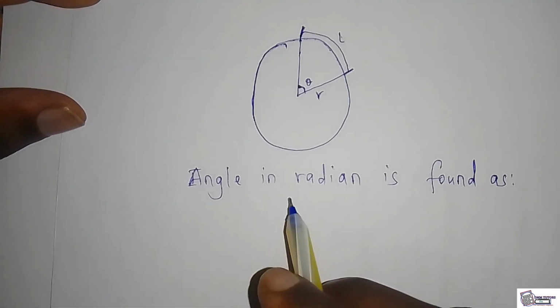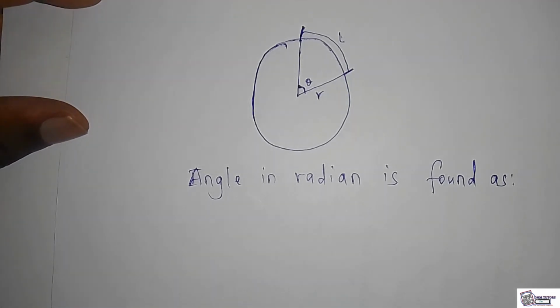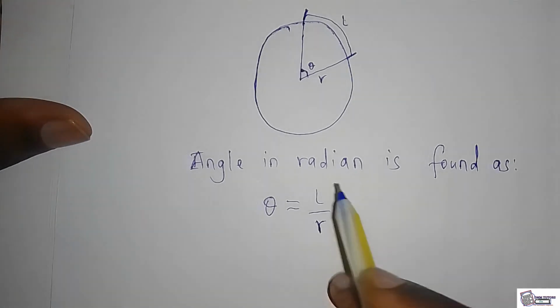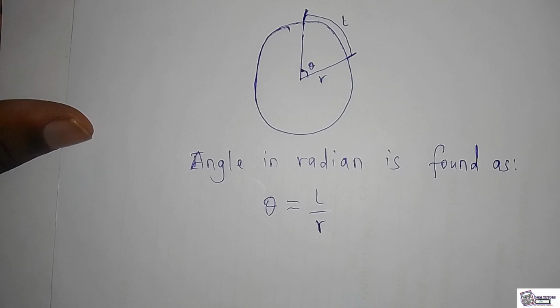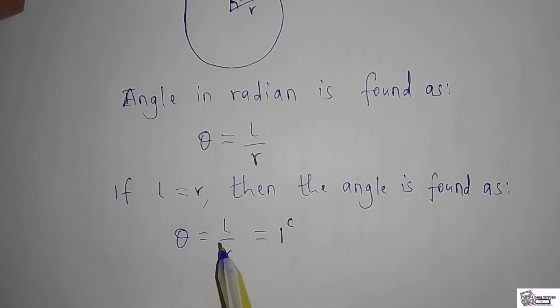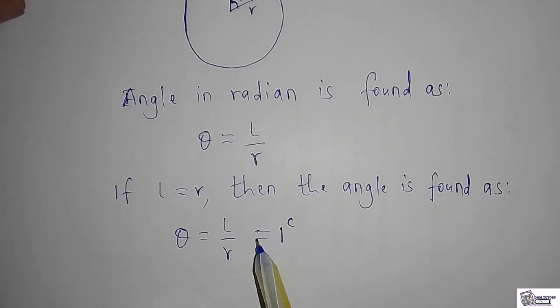So this angle in radian is found as the length L divided by the radius of the circle. So angle theta equals arc length divided by R, which will give us 1 radian.